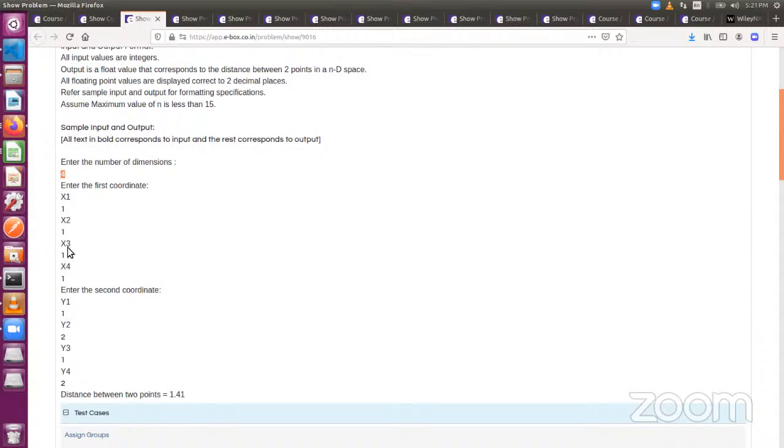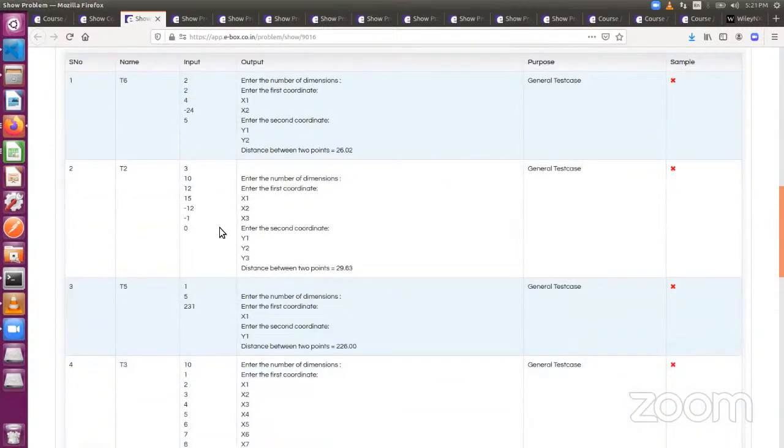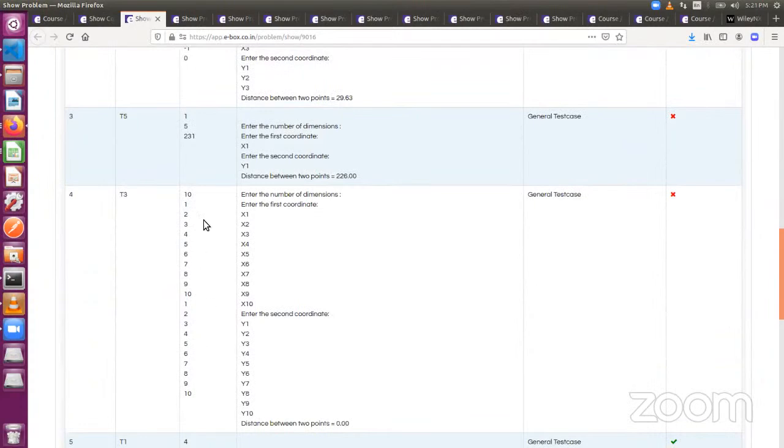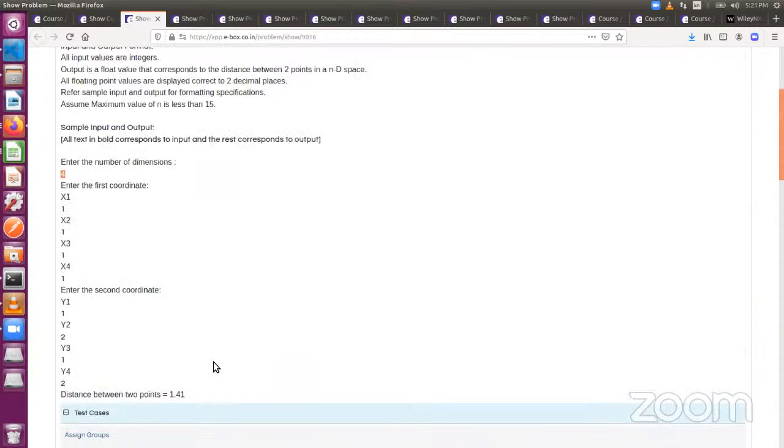If it is 10, then you have to take 10 coordinates. So it has to be generalized. I'm just showing the test cases, but still, you understood, right? It is a 4-dimensional point, so you take 4 coordinates for each point.